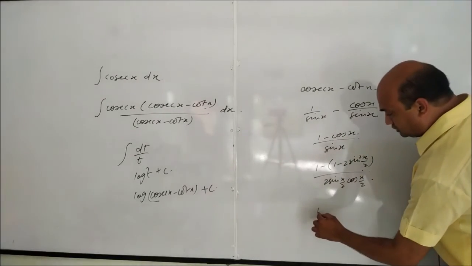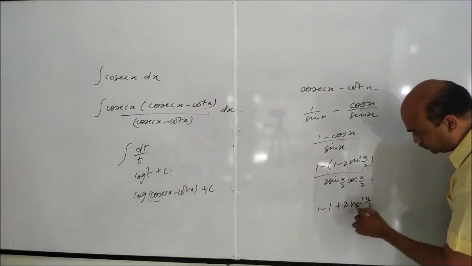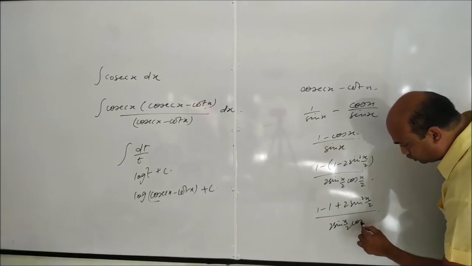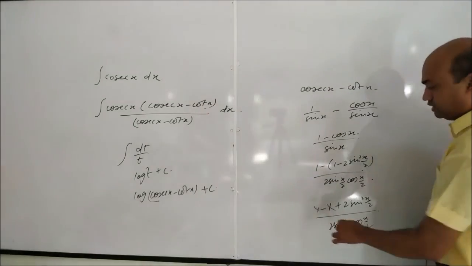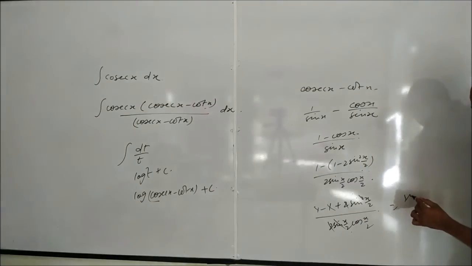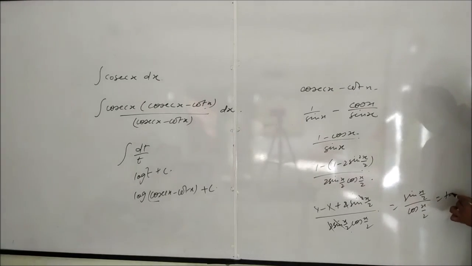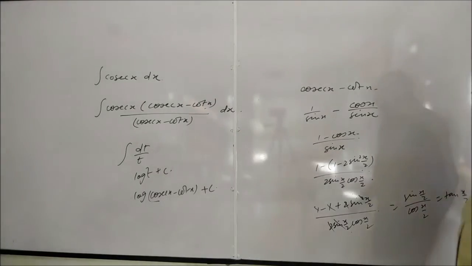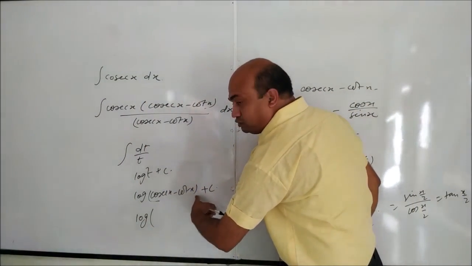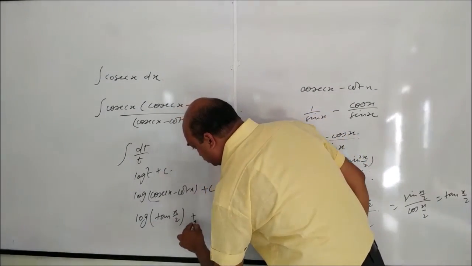This minus we multiply inside. 1 minus 1 plus 2 sin square x by 2 upon 2 sin x by 2 cos x by 2. By this 1 we cancel. By this 2 we cancel. By this sin we cancel. We will get sin x by 2 upon cos x by 2, that will be tan x by 2. So this cosec x minus cot x will be tan x by 2 plus c.